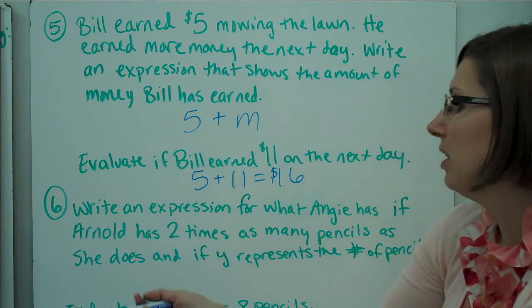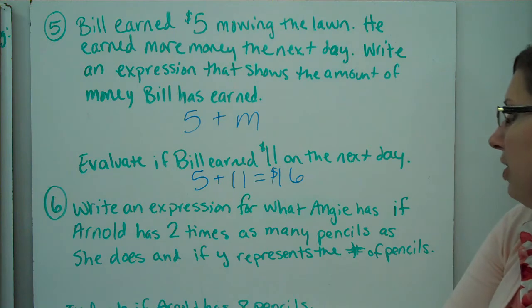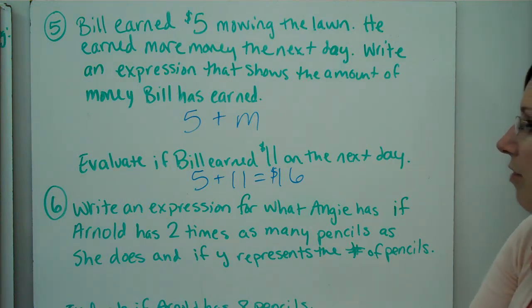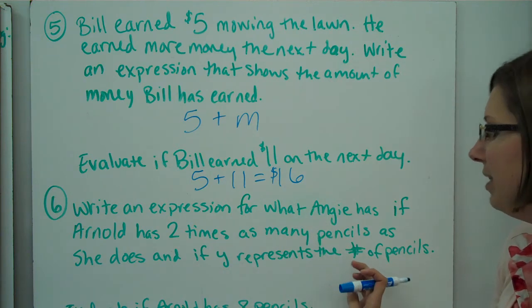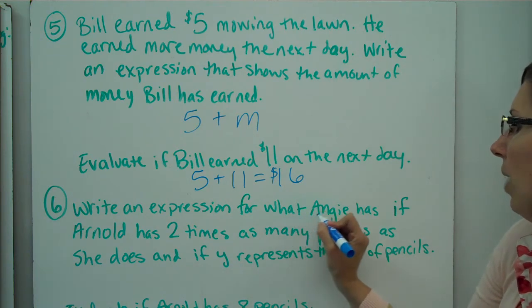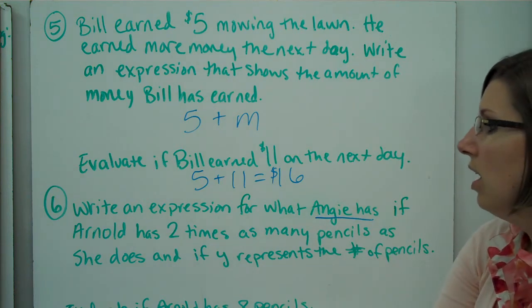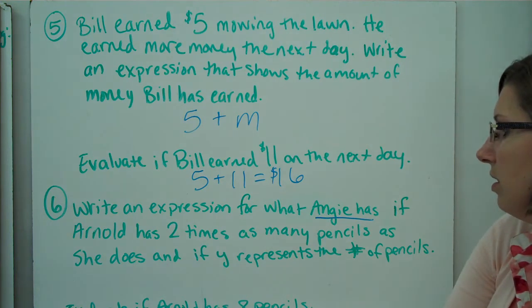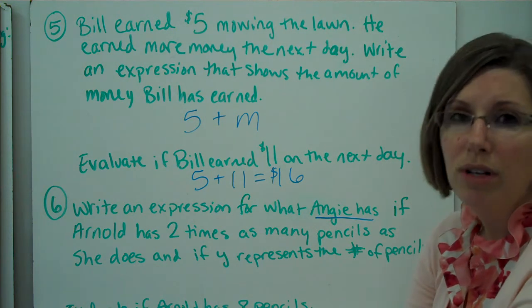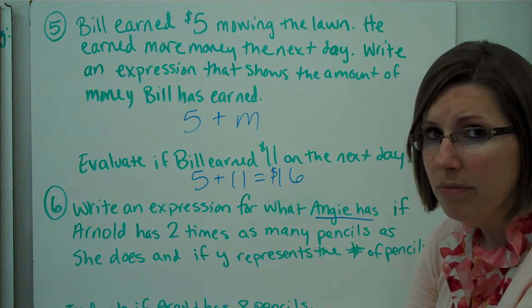Pretty easy. Last one. Write an expression for what Angie has if Arnold has 2 times as many pencils as she does, and if Y represents the number of pencils. So we need to know what Angie has. Arnold has 2 times more than she has. So who has more in this case, Arnold or Angie?